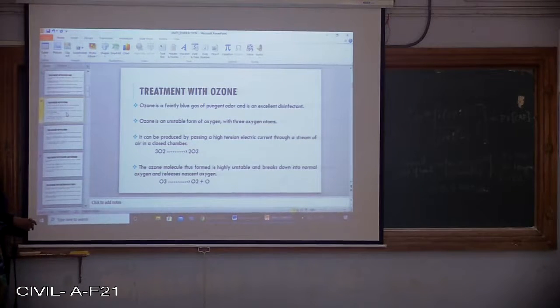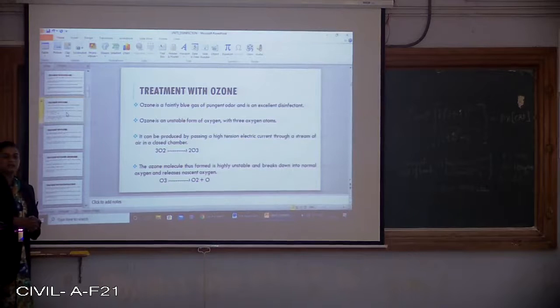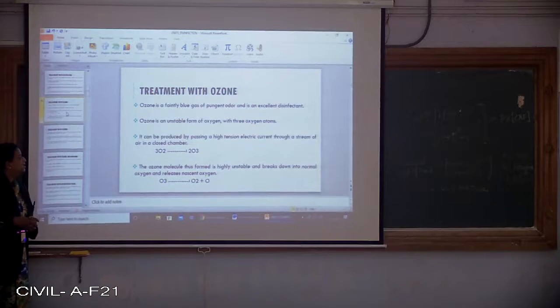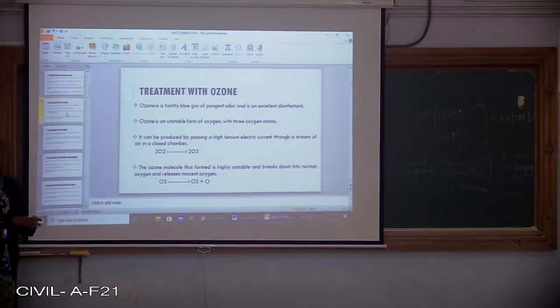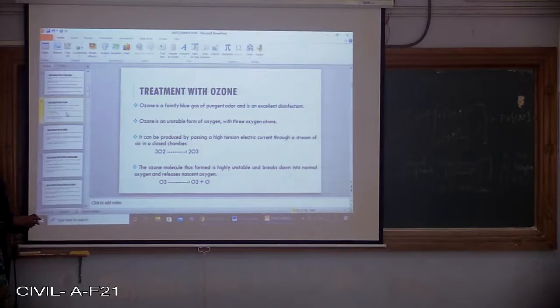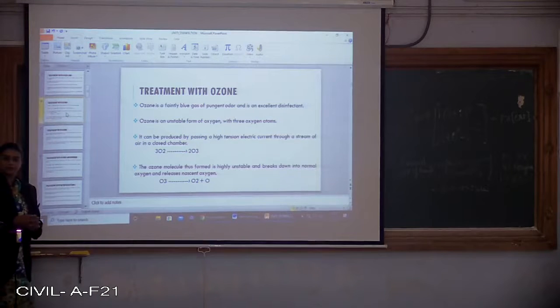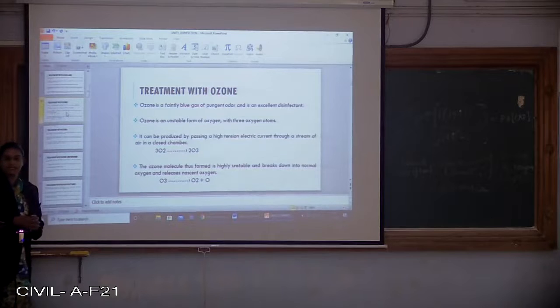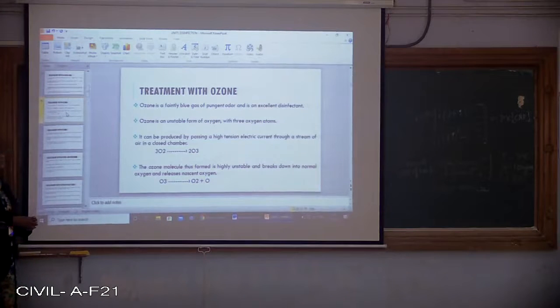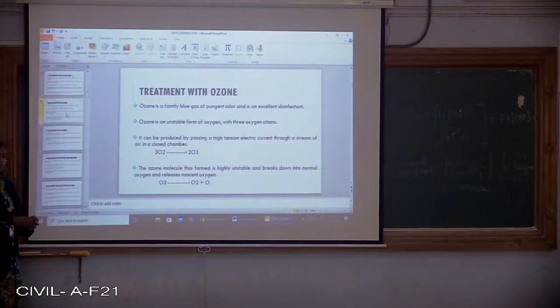It can be produced by passing a high tension electric current through a stream of air in a closed chamber. Normally ozone is available in nature, but when we want artificial manufacturing of ozone, it can be produced by passing a high tension electric current through a stream of air in a closed chamber.